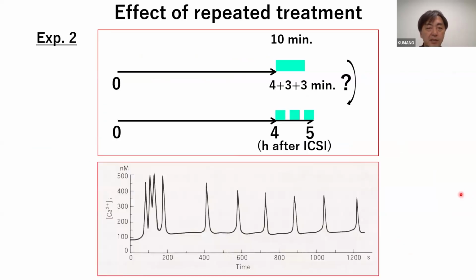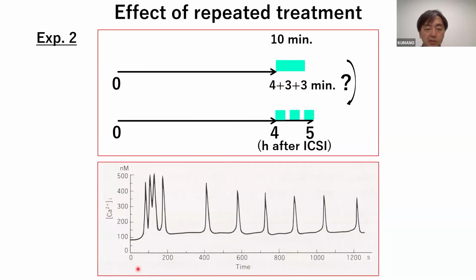Next, I examined ionomycin treatment between 4 to 5 hours after sperm injection, not only one time but also 3 times: namely 3 minutes, then 30 minutes later another 3 minutes, and in the third treatment, 3 minutes again.